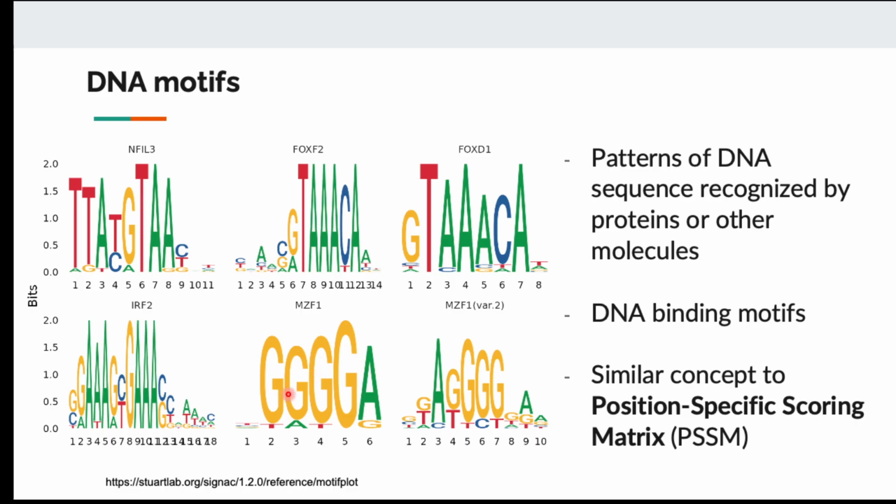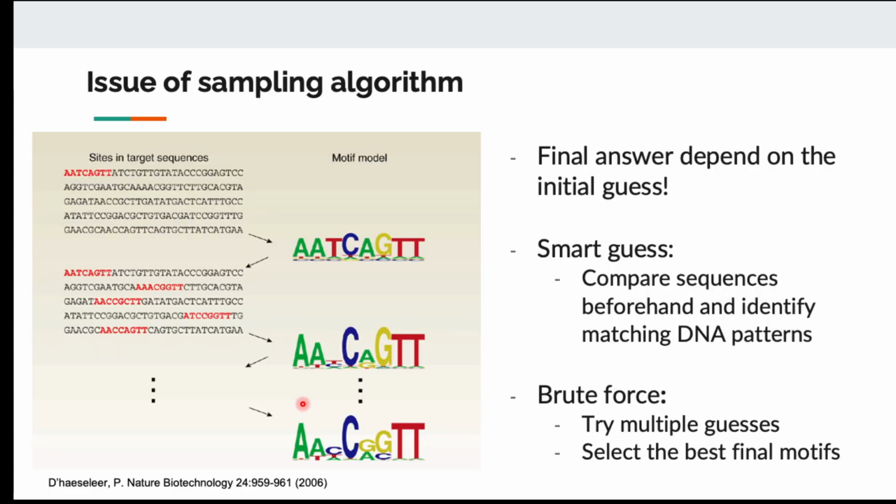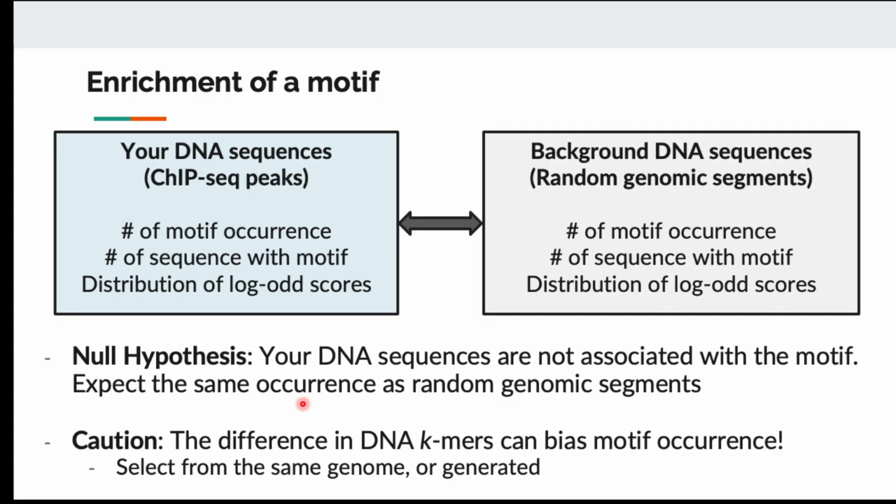But in your ChIP-seq, because you are studying this protein, it might be enriched in high GC content regions. So what's important here is the tools that will do this statistical test for you.